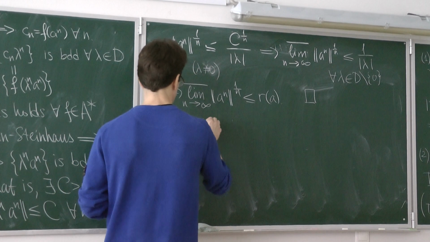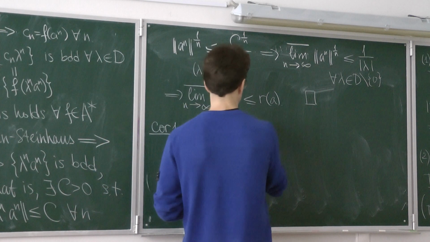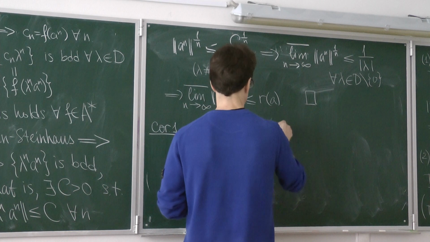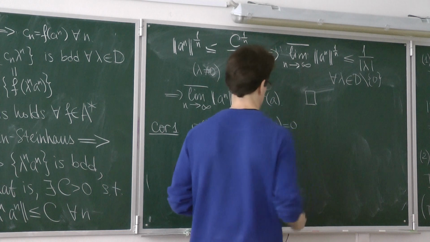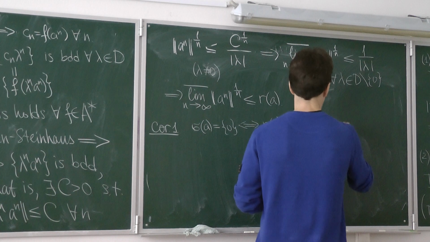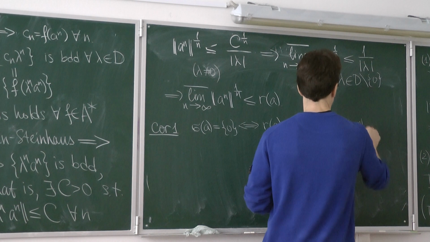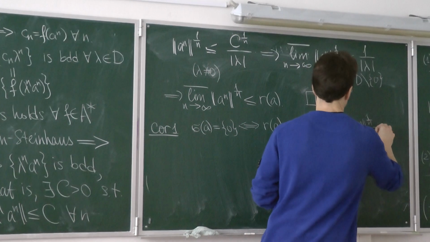The spectrum of our element little a is 0 if and only if the spectral radius is 0. This means that the following limit is 0.